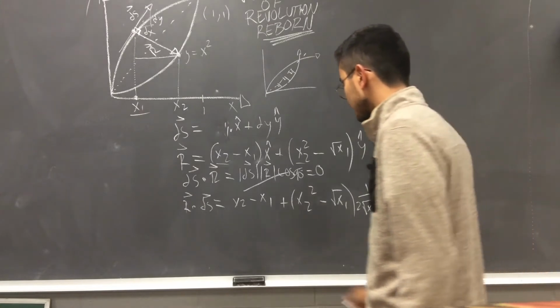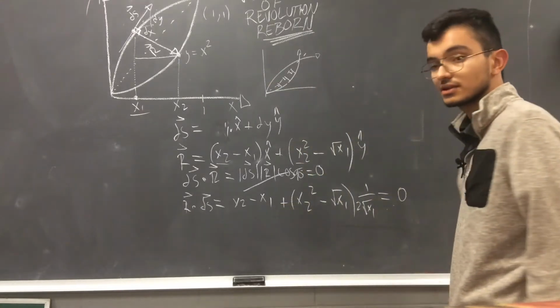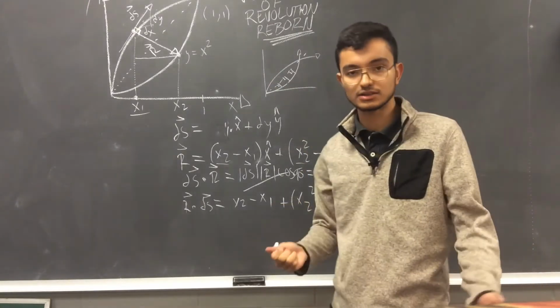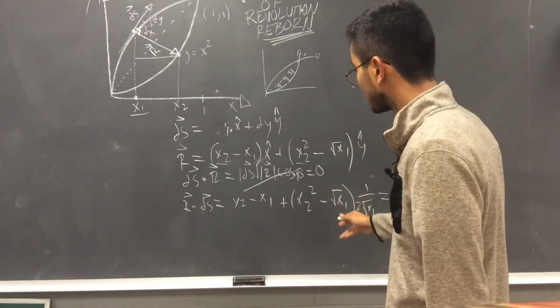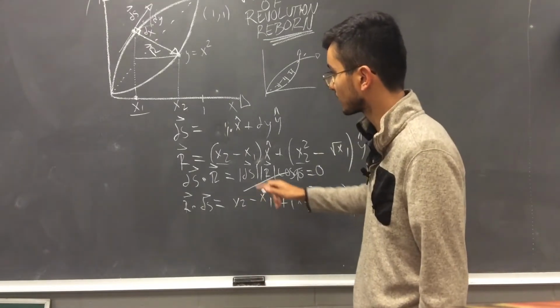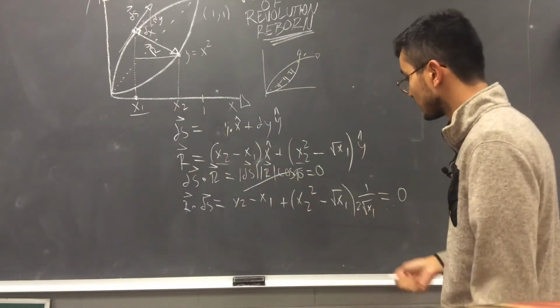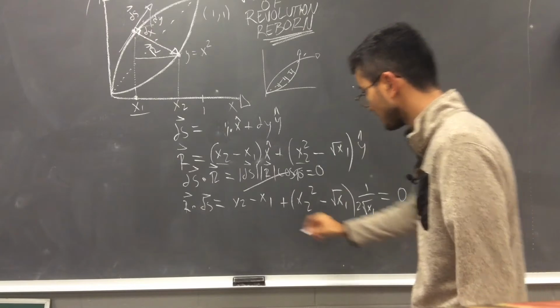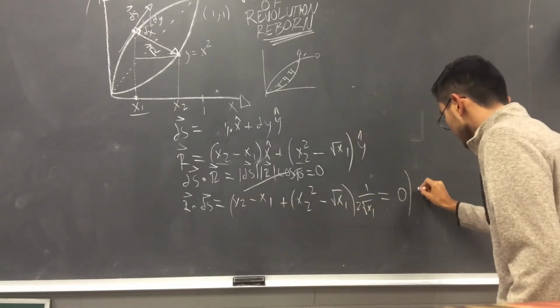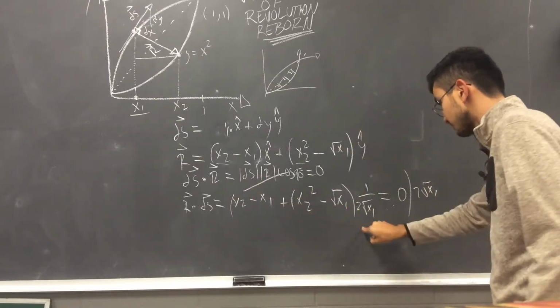And right here we have an equation that's in terms of two variables, x1 and x2. So we want to find that in terms of x1, right? So we can plug that x2 in here and then find everything in terms of x1 to make things easier. Now over here we can multiply by 2 times the square root of x1 to get rid of that fraction.